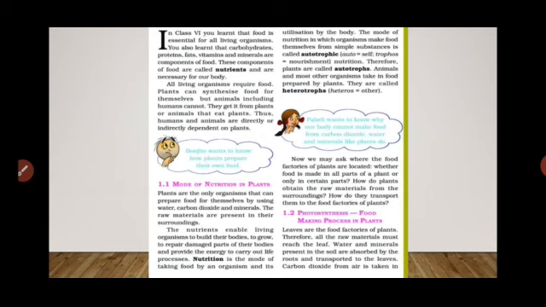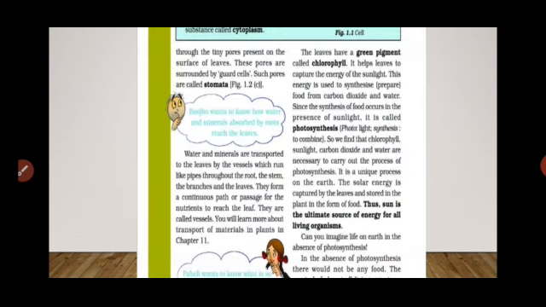The carbon dioxide from air is taken in through the tiny pores present on the surface of the leaves. Students, we know that carbon dioxide is also a thing which helps the plant complete the process of photosynthesis.